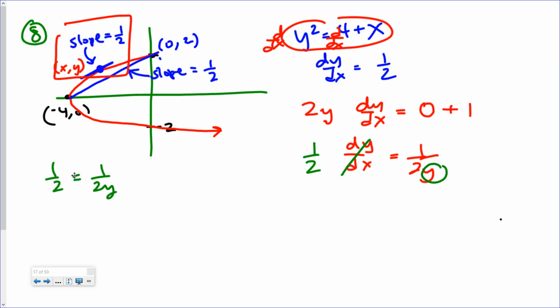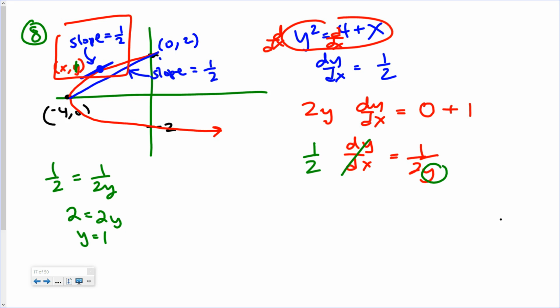If the tops are the same, 1 equal to 1, then 2 is equal to 2y. You could also cross multiply: if you have one fraction on the left, one fraction on the right, and an equal sign in the middle, you can cross multiply. So 2 is equal to 2y. What's my y equal to? 1. So at this point, my y value is 1.